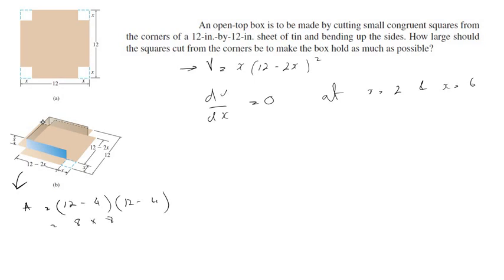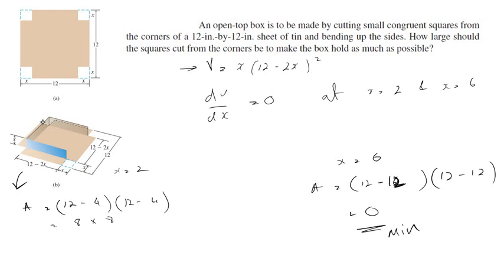But when x is equal to 6, the area equals 12 minus 2x, which is 12 minus 12, so the area is equal to 0. So that's the minimum, and this is when the area is maximum.